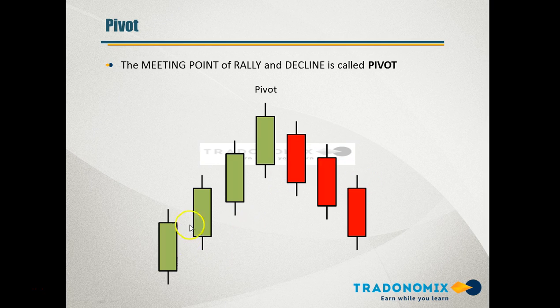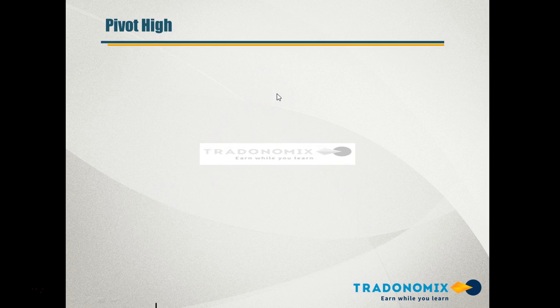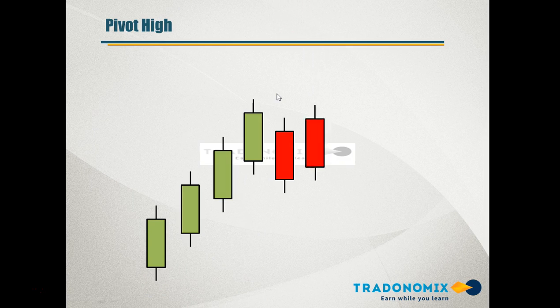You have a series of bullish candles and you have a series of bearish candles. These bullish candles creating higher highs and higher lows are a rally, and a series of bearish candles creating lower lows and lower highs create a decline. The meeting point of a rally and a decline is called a pivot. You have a pivot high and a pivot low.